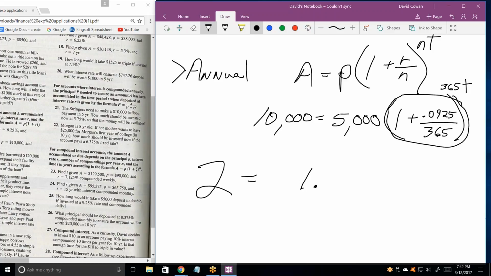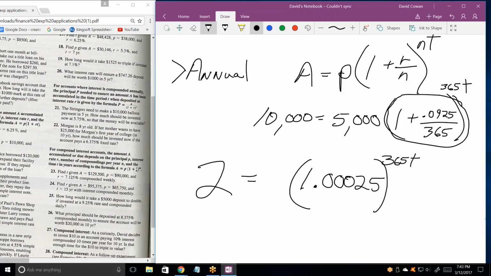Your total is going to be 0.00025. And notice why that's not so bad. Even though we're taking it to some giant exponent, it's a number really close to 1, so it's not going to grow that fast.